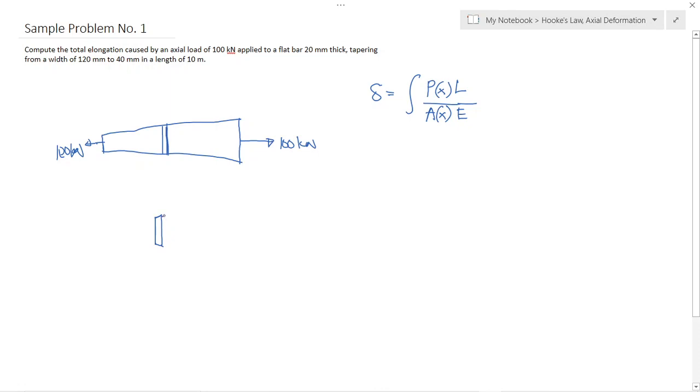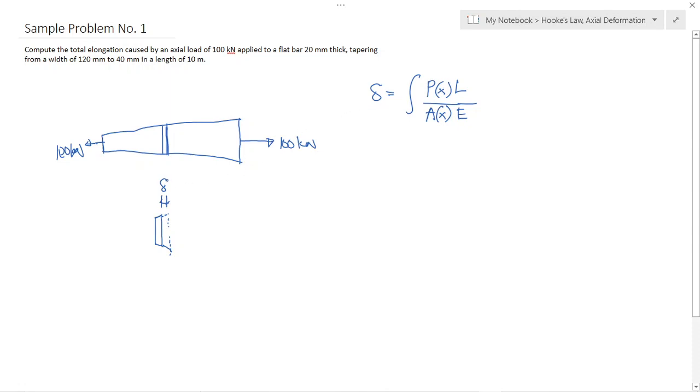And then, magkakaroon niya ng elongation. Na? That will be the delta or the elongation of that element. Na? Ang konsepto kasi ng calculus class is that mag-consider ka ng element, isa-sum up mo yung kada element, so makukuha mo yung total elongation.